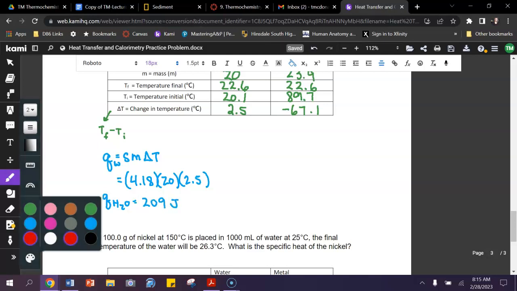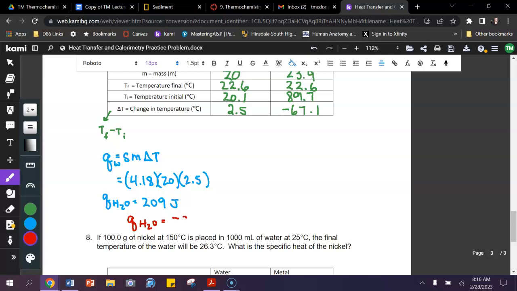joules. Well, the thing to remember is that the Q of water is equal to negative Q of the metal. You see, because my Q for water was positive, that means that the water absorbed energy from the metal.